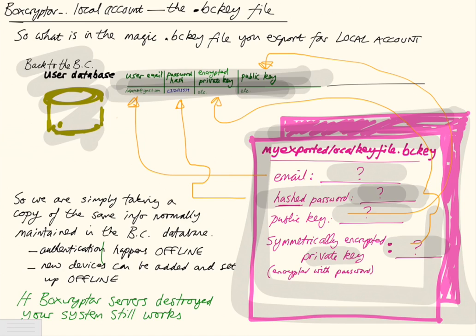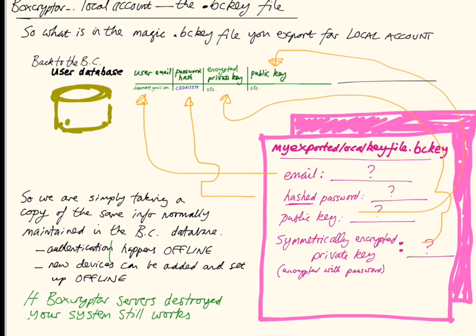I'm going to be using the encrypted private key to recover the unencrypted private key on my new device using my password, and it all happens offline. So I'm a big fan of this, and I would always try and take out the dependency on a network connection to authenticate and log into any application and use it where that's possible.